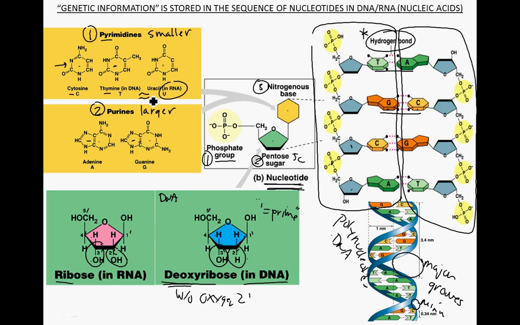So you should just know that uracil is a pyrimidine. Then the purines are not the ones that have a Y: adenine and guanine. So when you go back over to the structure, you notice that thymine has a Y, so that's a pyrimidine, and adenine doesn't have a Y in it, so that is a purine.